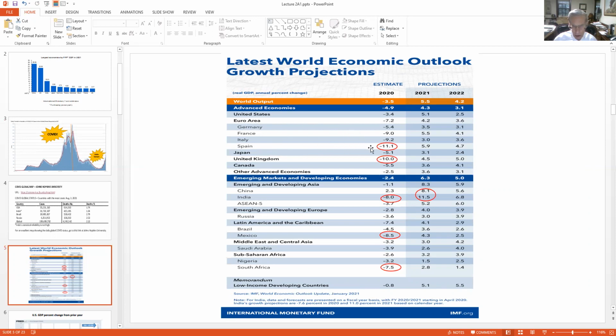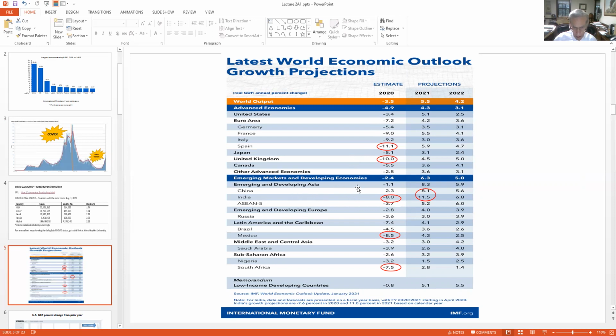Spain in particular had an economic decline of 11%, England or the United Kingdom 10%, France and Italy 9%, but very, very severe reductions economically. So the US, with a reduction of 3.5%, really came out a lot better than other countries did.